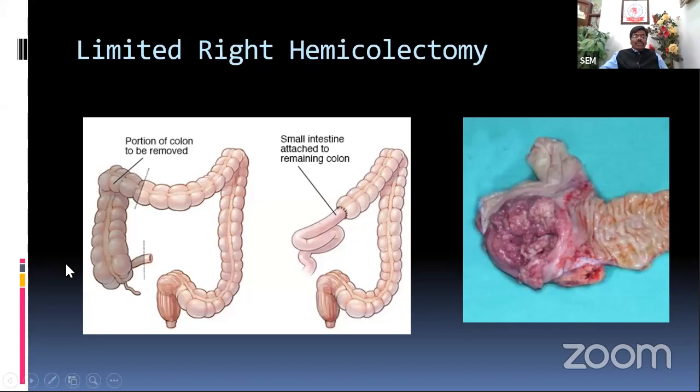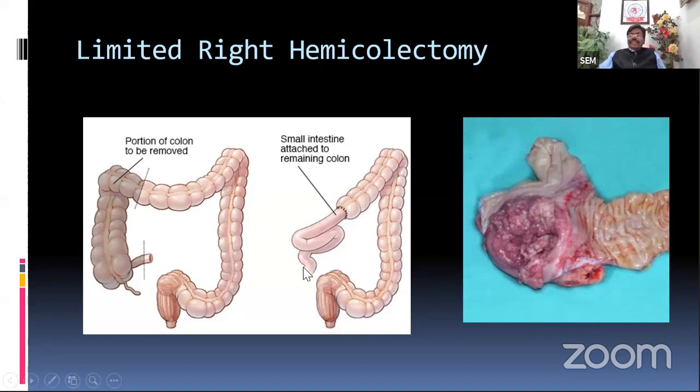Here we don't remove all the draining lymph nodes. We divide the mesentery close to the bowel, so only the diseased bowel is removed. The mesenteric vasculature and lymph nodes are not harvested. It is not a cancer clearance type of operation.